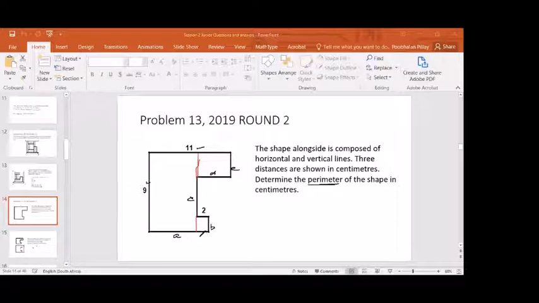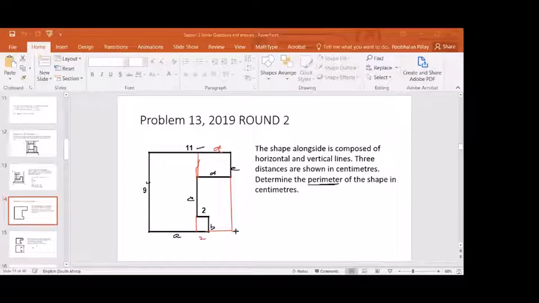See, this part is 2, and this part is D. And likewise, if I join these, just complete all the rectangles here like this. See, then we can see that the whole thing is 11 plus D.